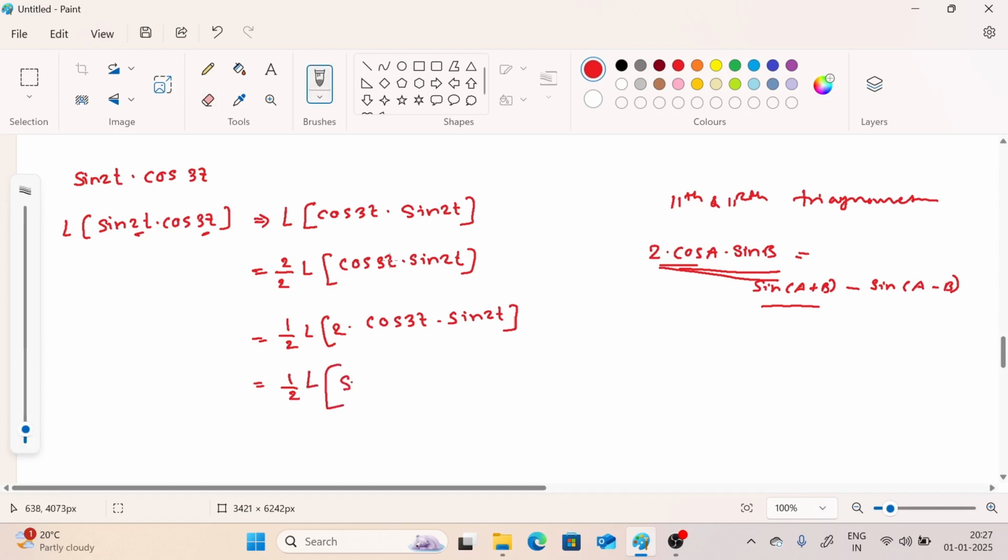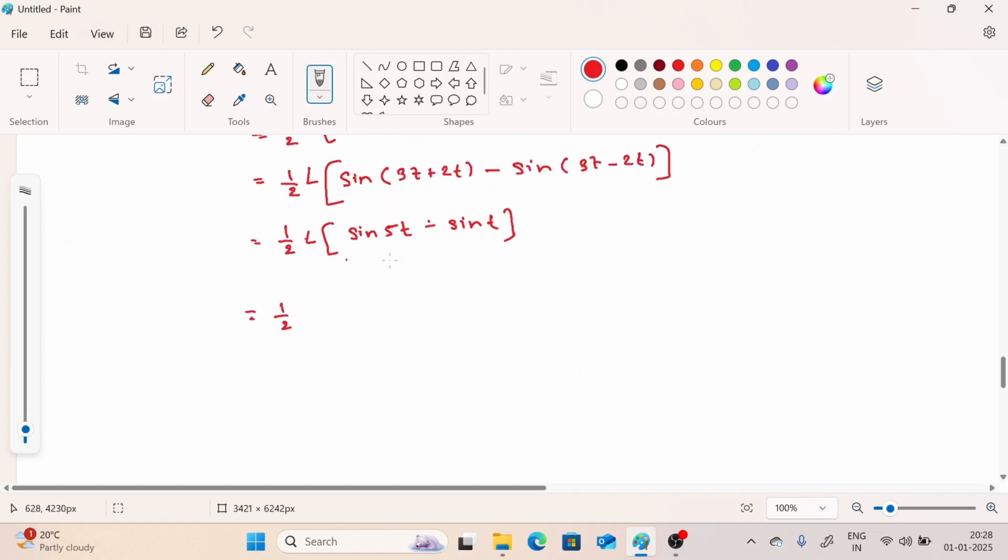So you can use sin A plus B minus sin A minus B. So sin A plus B, 3t plus 2t, minus sin A minus B, 3t minus 2t, right? 1 by 2 Laplace of sin 5t minus sin t, right?